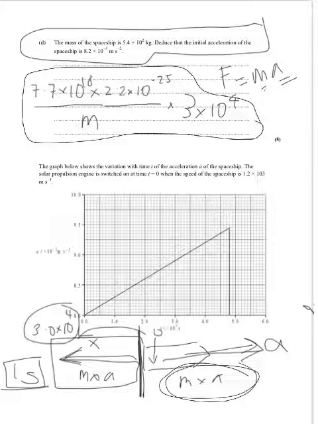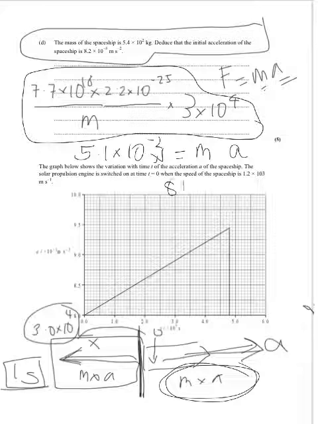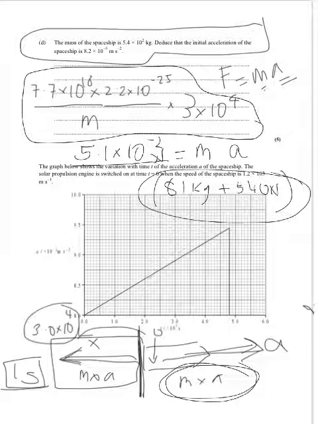So if we work out this first, we get 5.1 times 10 to the minus 2 newtons. That's the force of the xenon out, and that's equal now to the mass of the rocket times its acceleration. Now the mass of the rocket is the mass of the fuel, which is 81 kilograms, because remember it was full, it wasn't an empty rocket, plus 540 kilograms, which is the mass of the rocket itself. So if we now divide this number by this, you should get the value 8.2 times 10 to the minus 5.